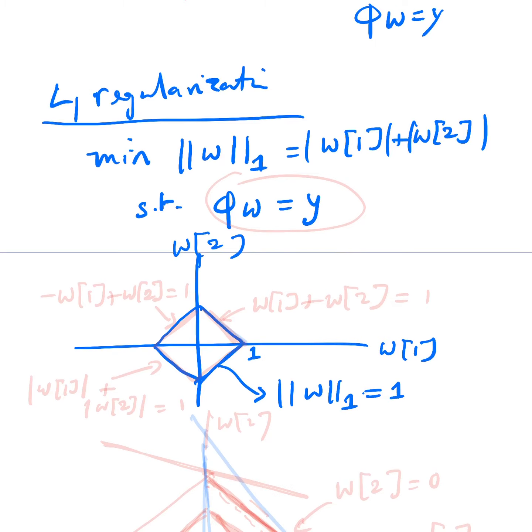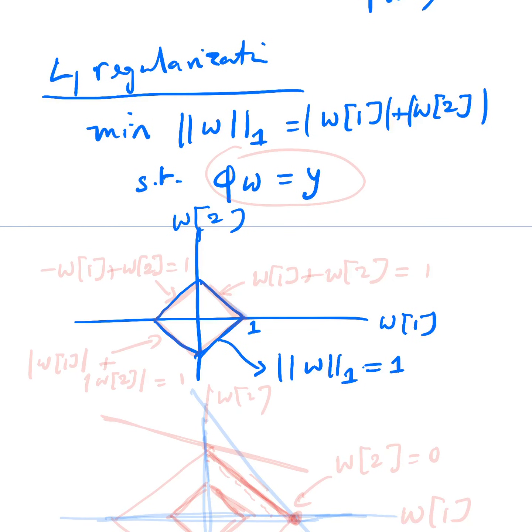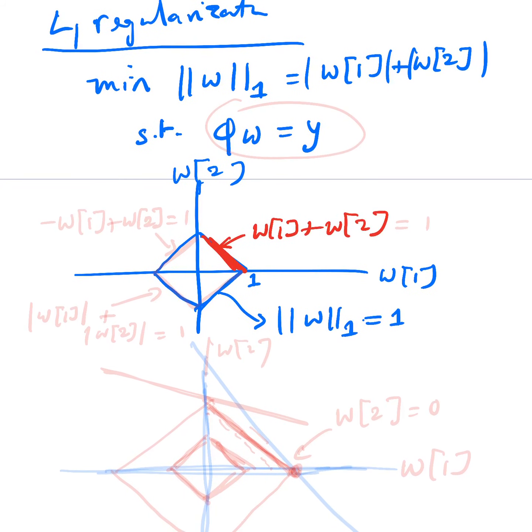That's what this box is. Let me change pen color so you can see what I'm doing. This line is where both of them are positive, and I have W1 plus W2 equals 1. In this one, W1 is negative, so basically I have minus W1 plus W2 equals 1, etc.